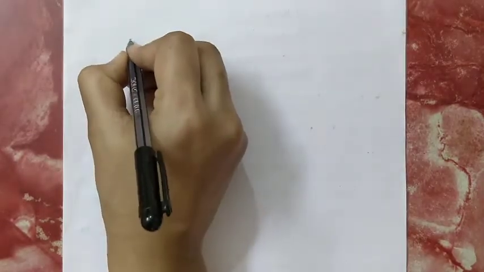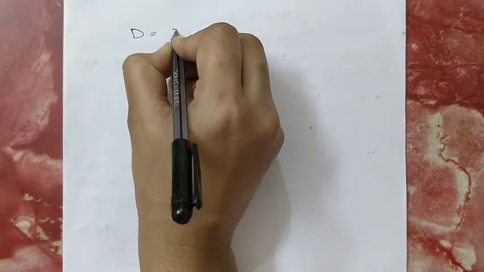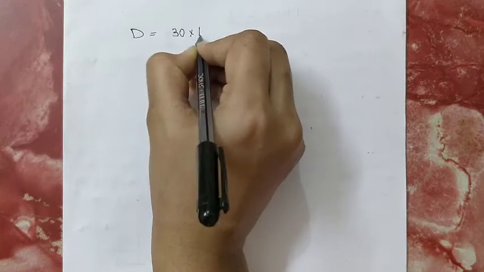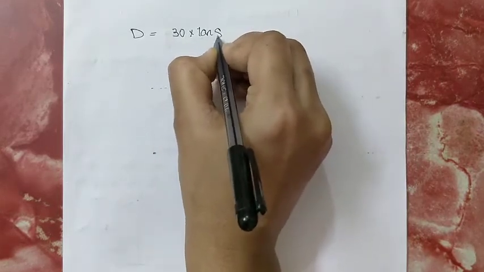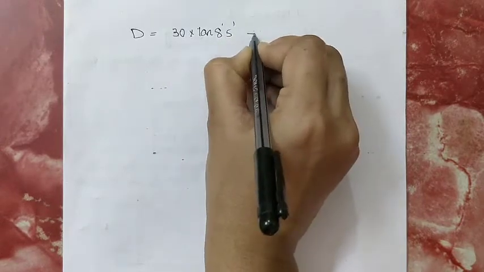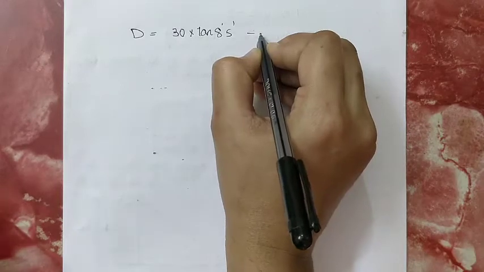Substitute the values: D equals B value, which is 30, into tan of alpha 2, which is 8 degrees 5 minutes, minus the staff intercept, the difference of the staff readings taken on the benchmark.